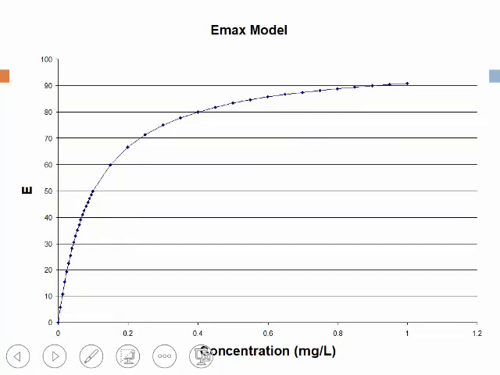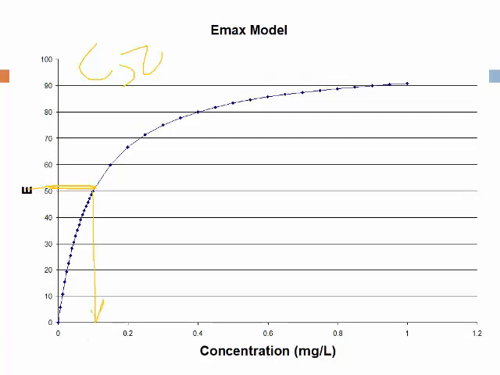So here, just to practice, what would be the C50 of this model? Well, we go to our 50% effect, although we try to actually be on the line, and then we drop down and see what that concentration will be, which I would say here is 0.1 milligrams per liter.